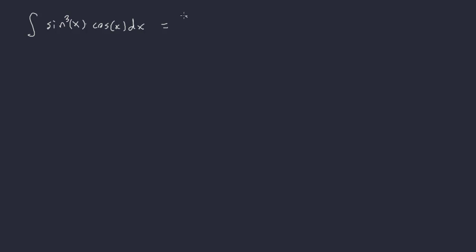If I rewrite this as sine of x all cubed times cosine of x, then hopefully it's not too much of a stretch to say that we have stuff cubed, and our stuff here is sine of x. So we're going to let u be sine of x.